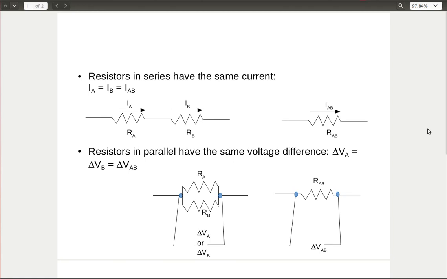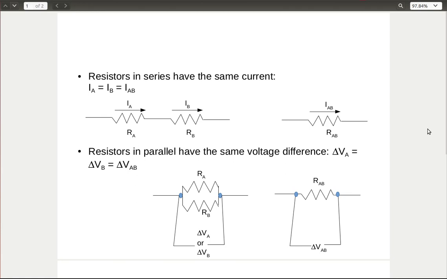Now, it's a fundamental law that when resistors are set up like this, current that moves through resistor A, like some sort of charges, have nowhere to go. They can dissipate energy, but you can't dissipate charge. You can't make the electrons disappear or the protons disappear.